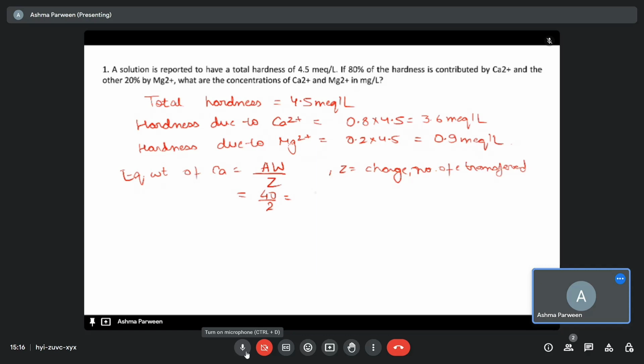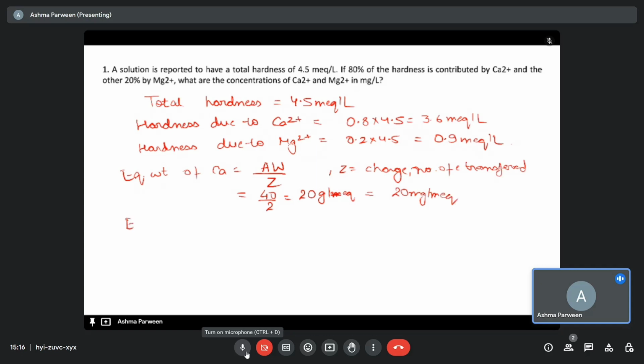So the equivalent weight of calcium is 20 grams per equivalent. We can convert it to milligrams, so it will be 20 milligrams per milliequivalent.